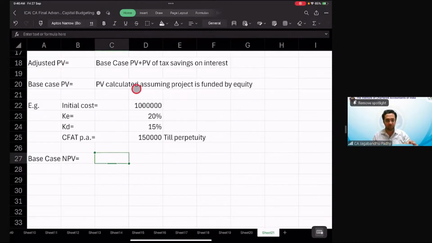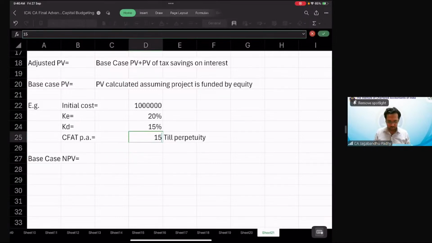Because base case NPV is what? Present value calculated assuming project is funded by equity. If the project is going to be funded by equity, let me take this as not 1,50,000, but let's take it as 3 lakh.